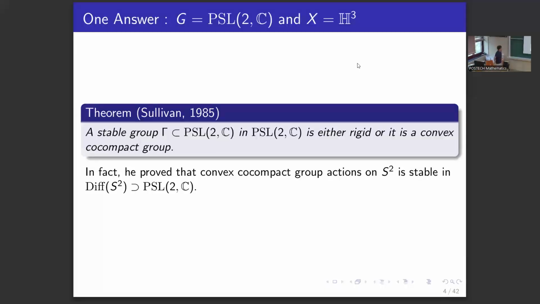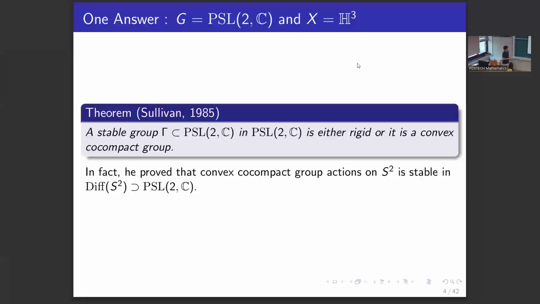This is a motivating theorem. In 1985, Sullivan proved the answer to this question, namely what the stable subgroups are in PSL2C. He answered that a stable subgroup of PSL2C is either rigid or it is a convex co-compact group.